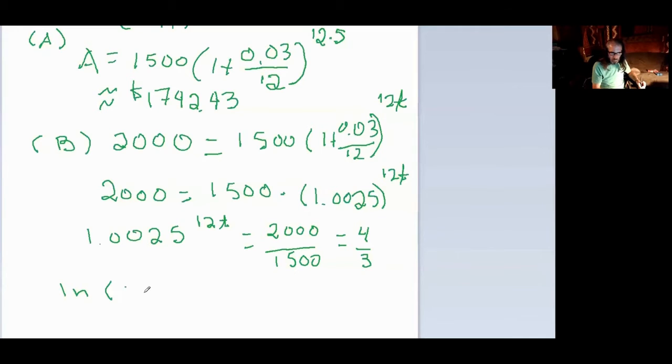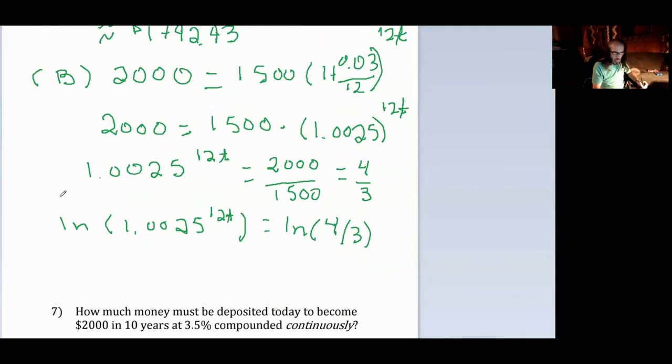So I can get that exponent with a variable in there out of the exponent by using the power rule for logarithms. Got 12t times some number with the 1.0025 equaling the natural log of 4/3.